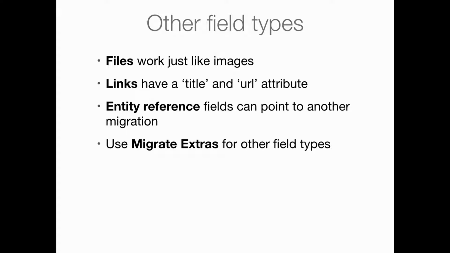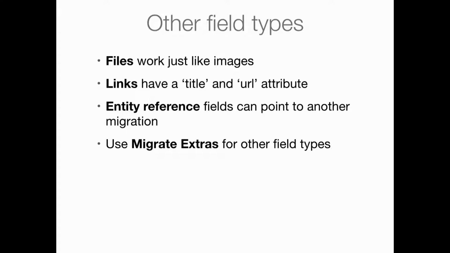Entity reference fields can point to another migration. So if you have courses and programs and you want each course to reference a program, or maybe programs reference a list of courses, you can create a field and add a reference to another migration in that field.